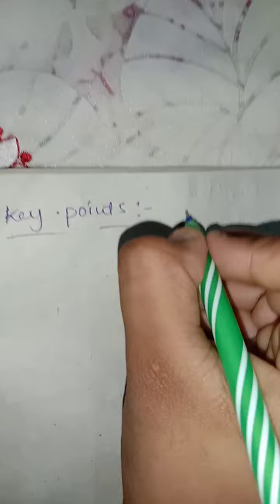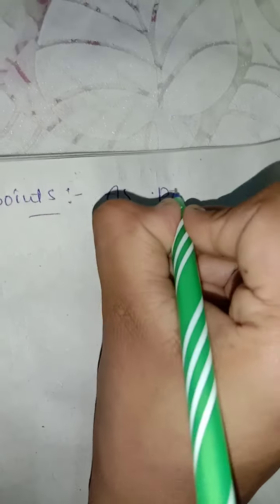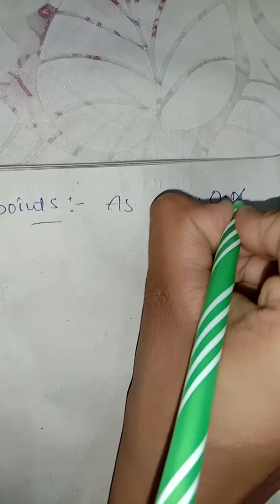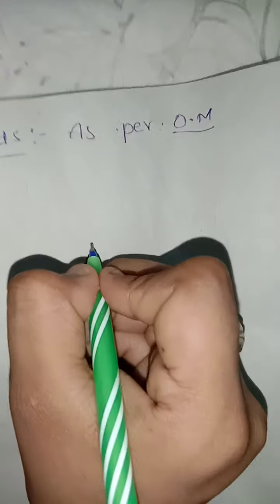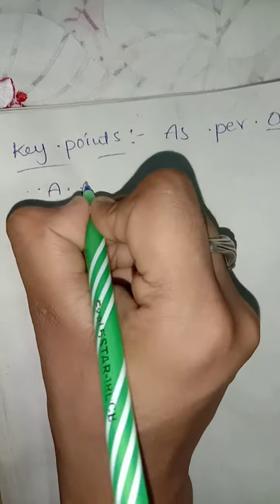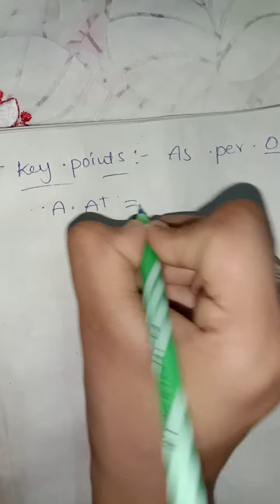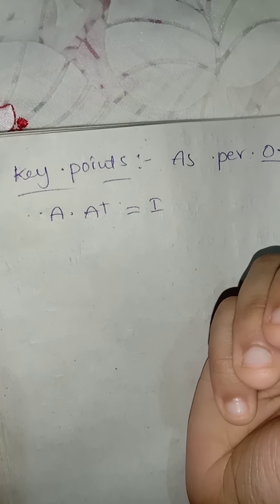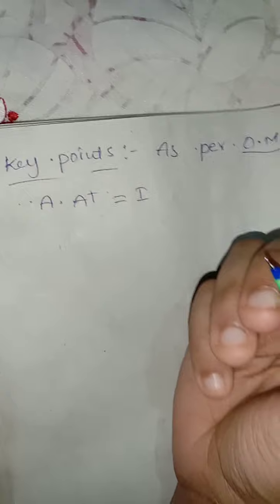For an orthogonal matrix, A into A transpose is equal to I, right?